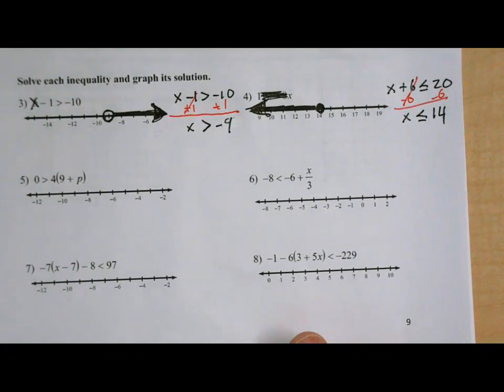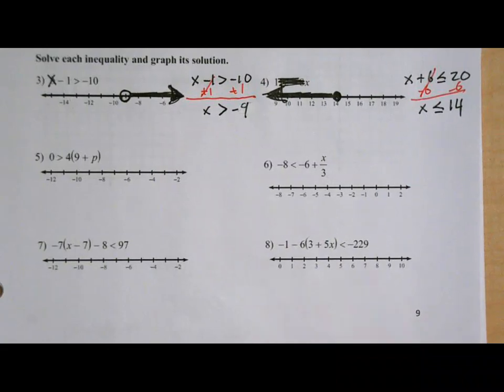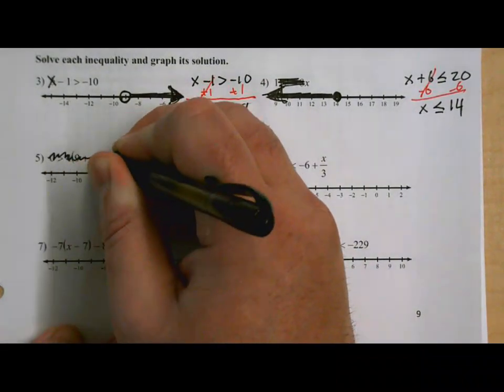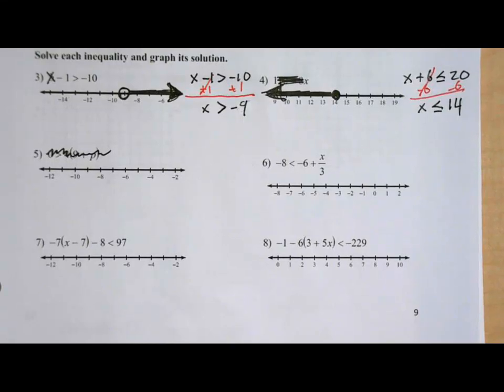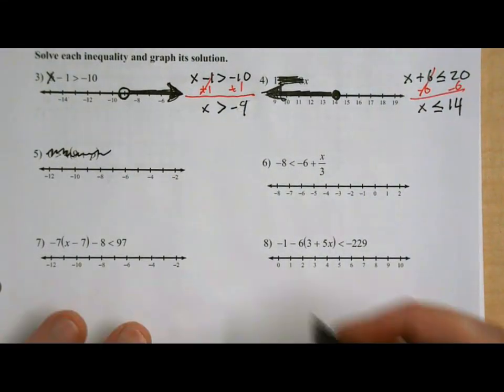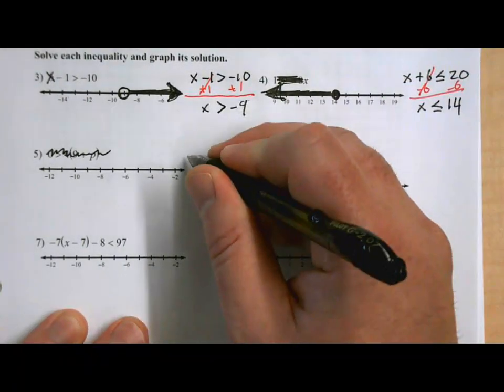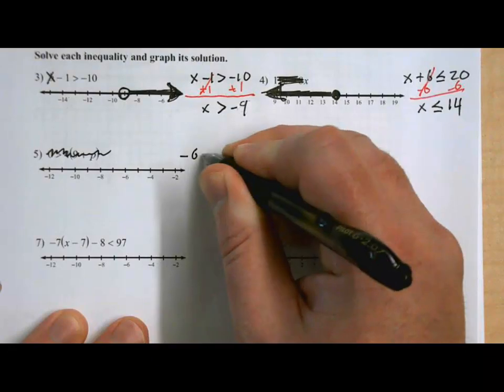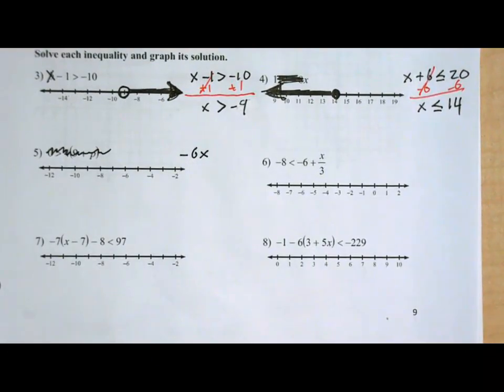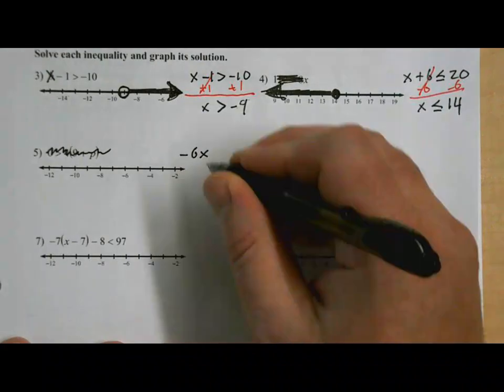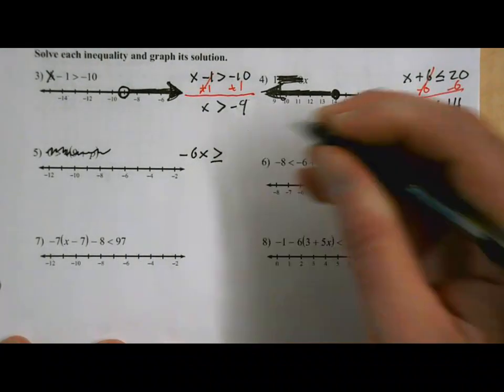All right, next up. Not using this one. We are going to do, let's see here, negative 6x is greater than or equal to 48.